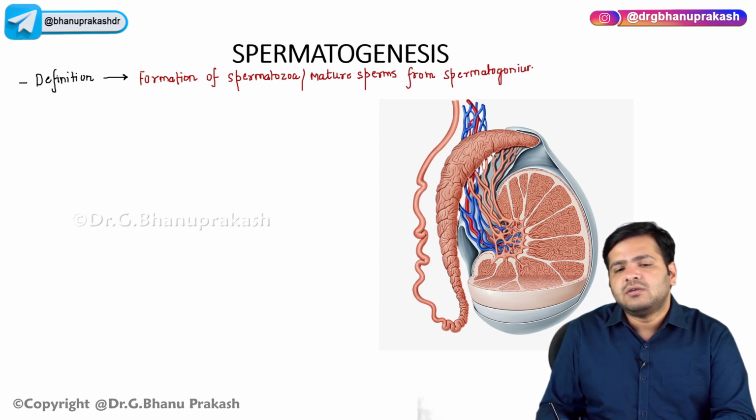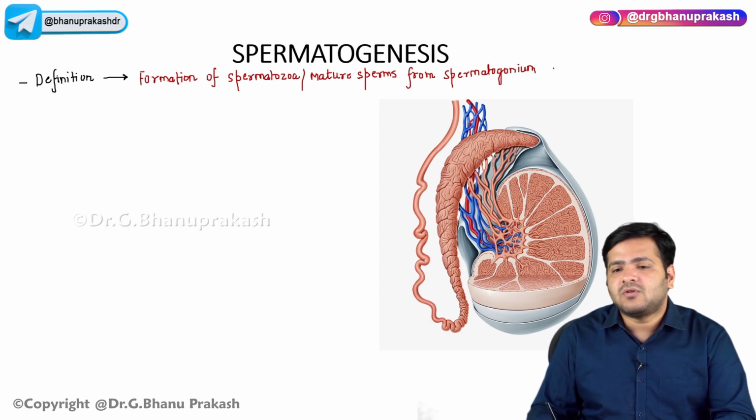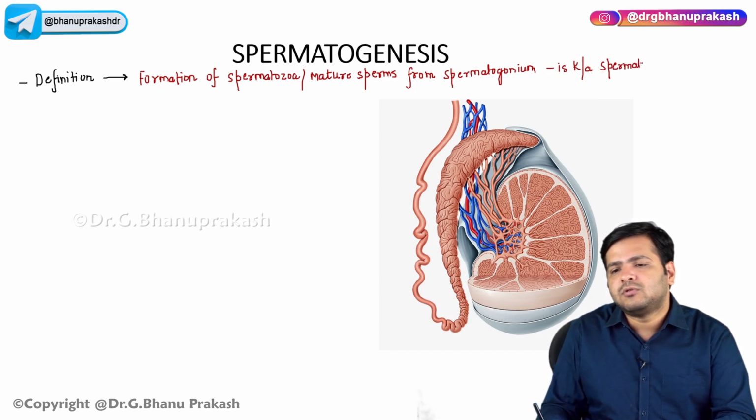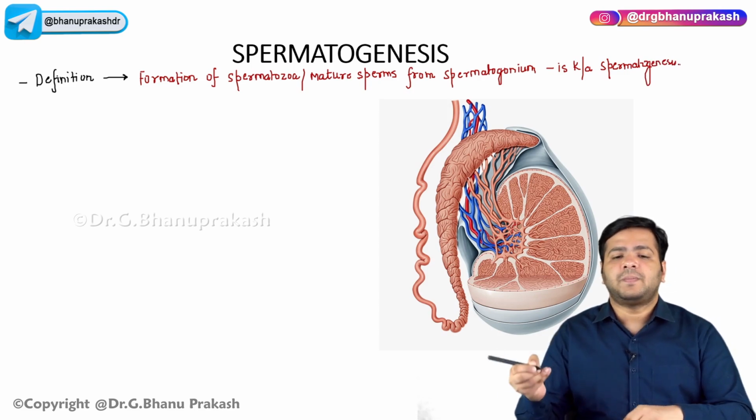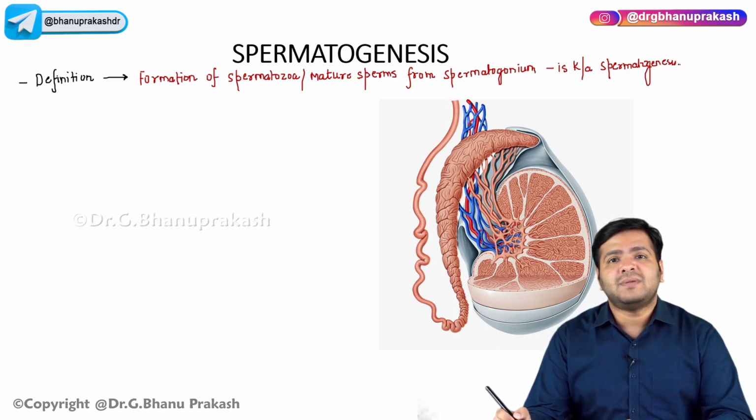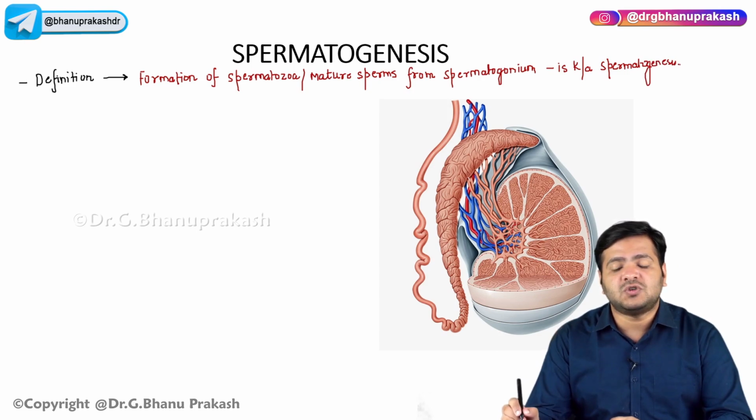This process is known as spermatogenesis. So the formation of spermatozoa or mature sperms from spermatogonium is known as spermatogenesis.